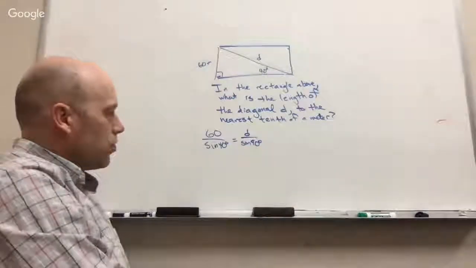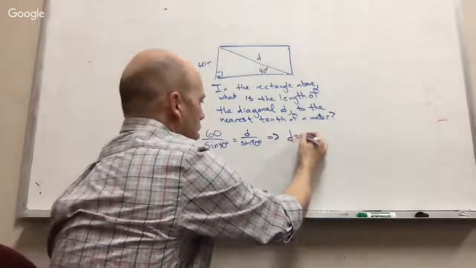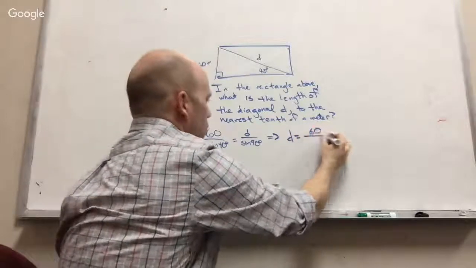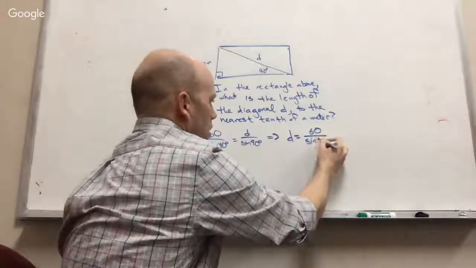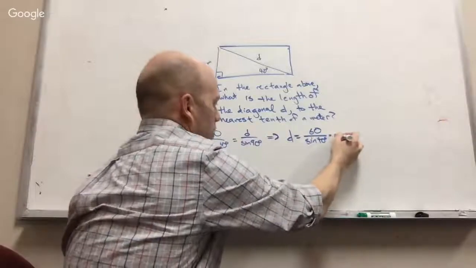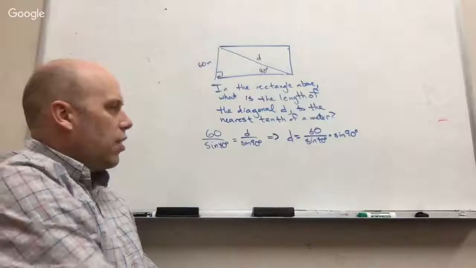Then we're going to multiply by the sine of 90 on both sides, and that'll give us D. Good. So you get D equals 60 over sine 40 times sine of 90 degrees. That will absolutely work.